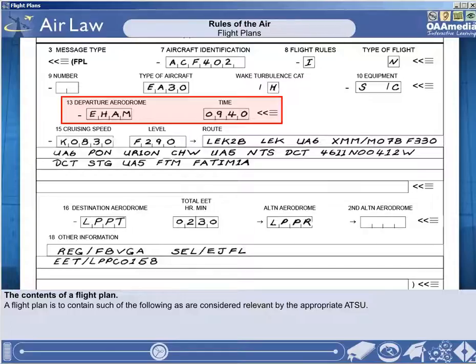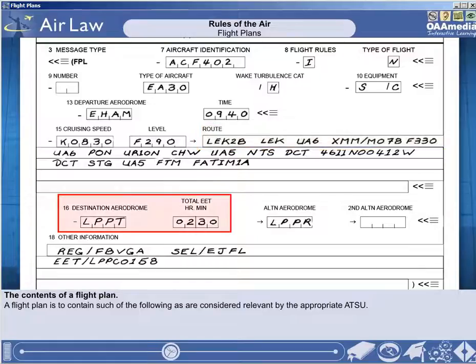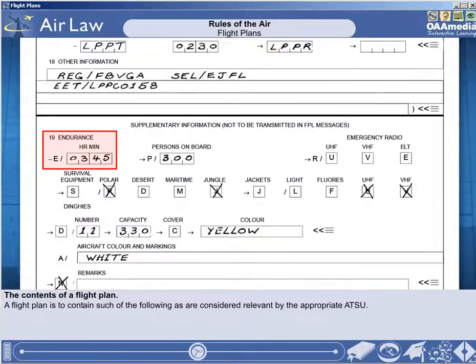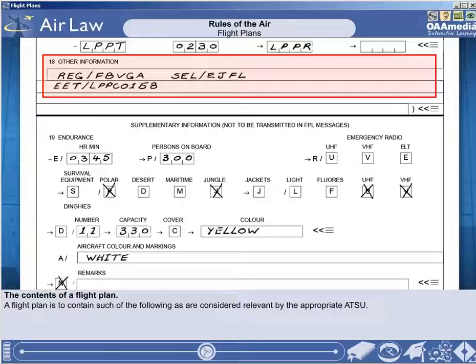For a flight plan submitted in the air, these items should be a place where the ATSU can obtain more information about the flight, and the time should be the first time an air traffic control or advisory service is required. Cruising speeds, cruising levels, route to be followed, destination aerodrome and total elapsed time, alternate aerodrome, fuel endurance, total number of persons on board, emergency and survival equipment, other information.